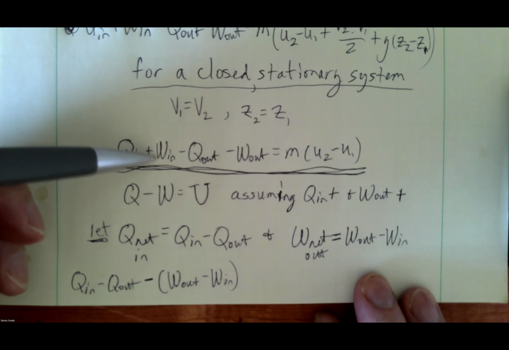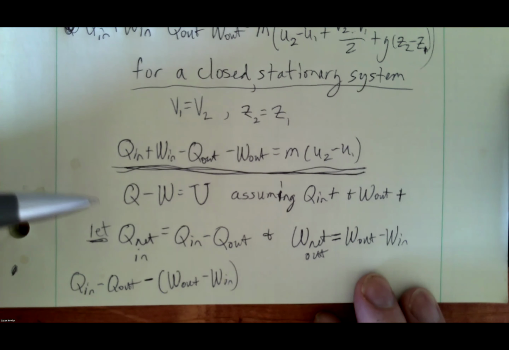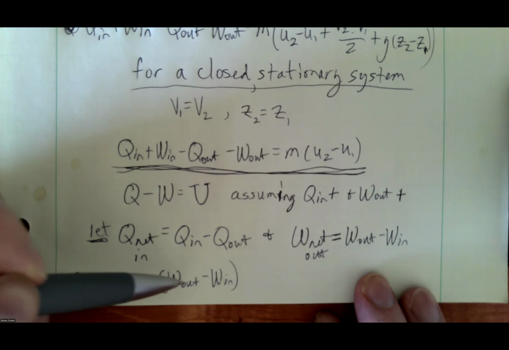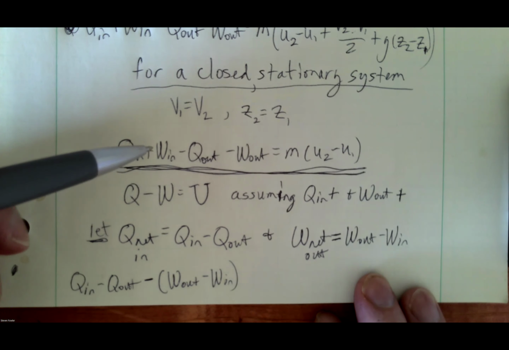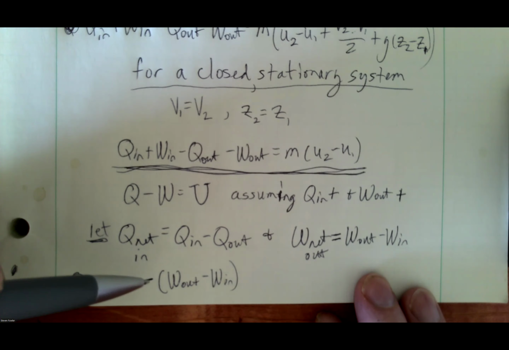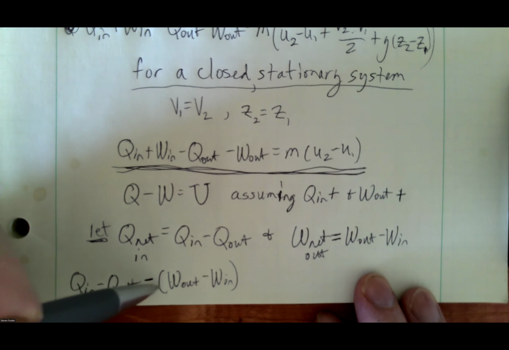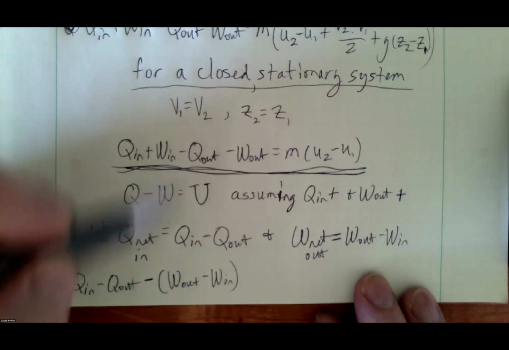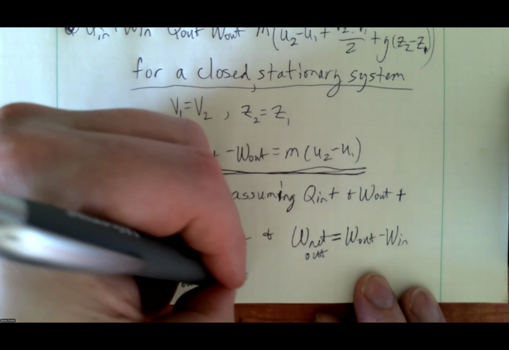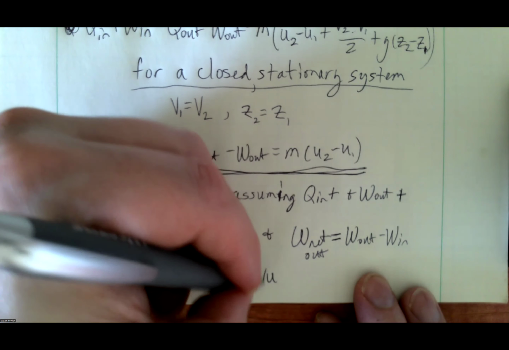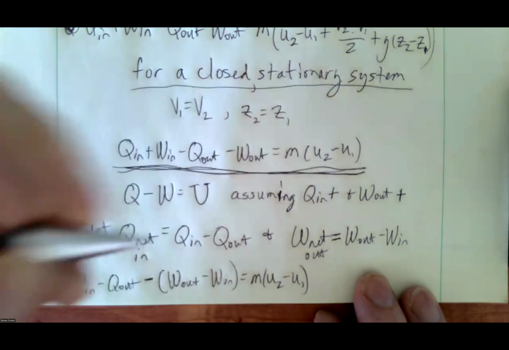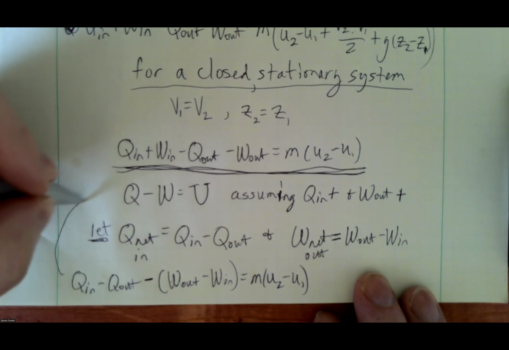I've taken this positive sign on work in, and I've flipped it to a negative sign. So basically, I've undistributed this negative sign that is here and pretend there's one there and take it off. So I've got work out minus work in times a negative sign, that's minus work out plus work in. So it's the same thing. And I'm going to say that is equal to m delta U. And that is what this is saying.